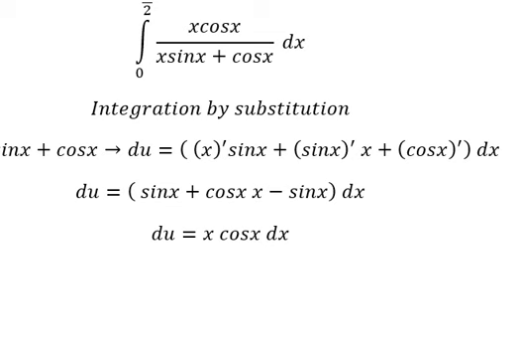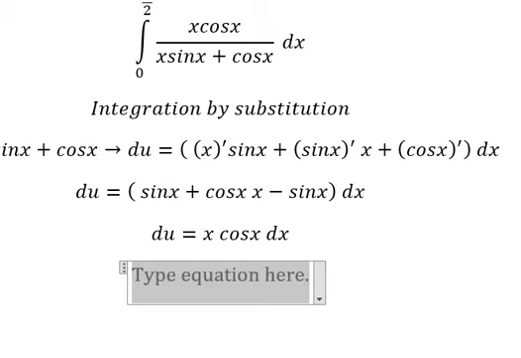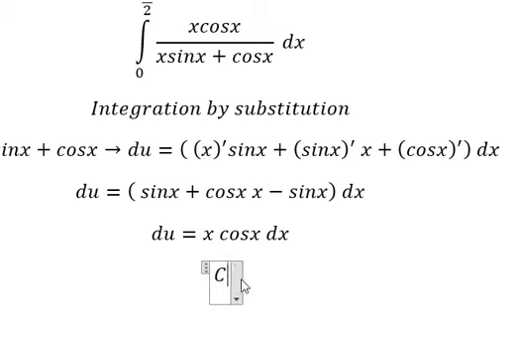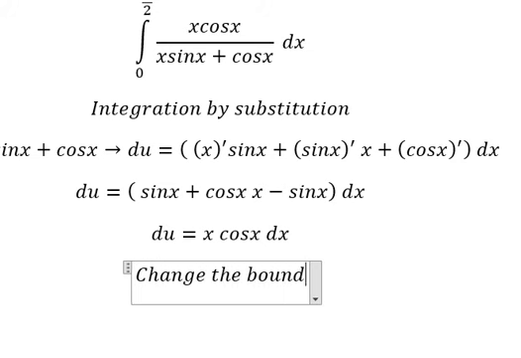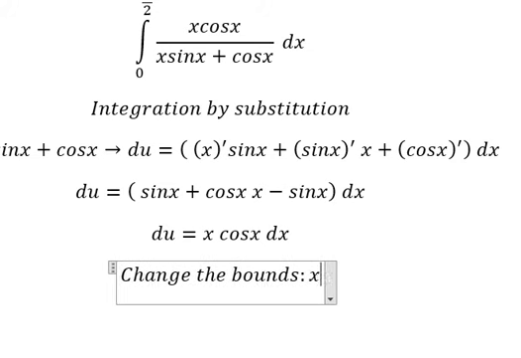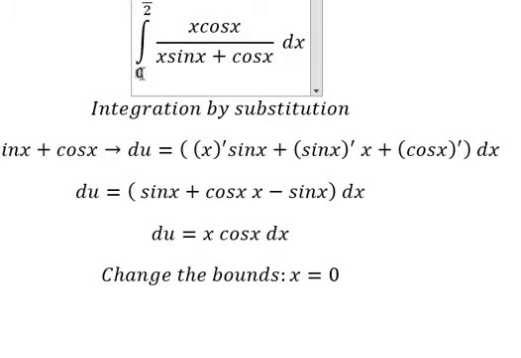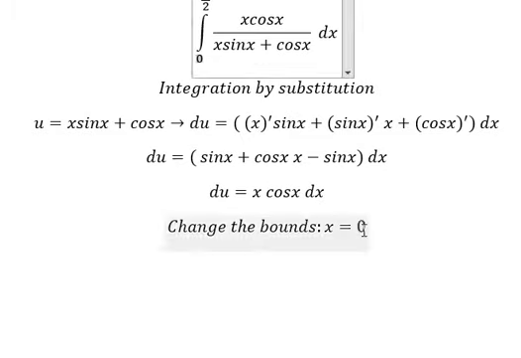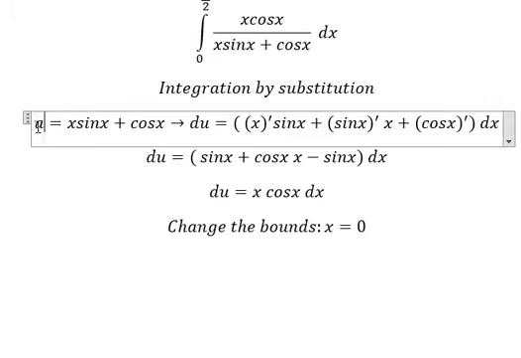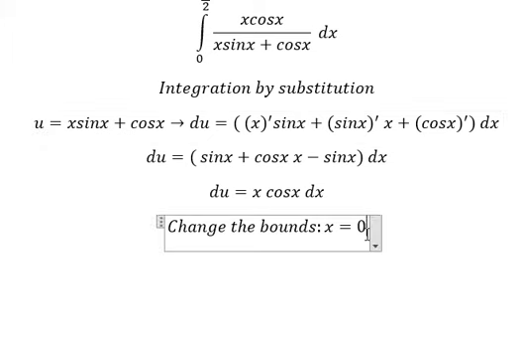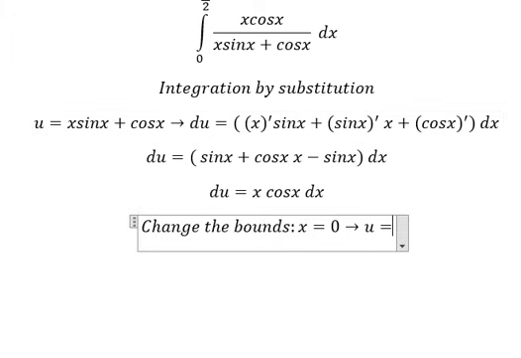Next, we need to change the bounds. When s equals number 0, we put number 0 to find the value of u. So u equals number 1.